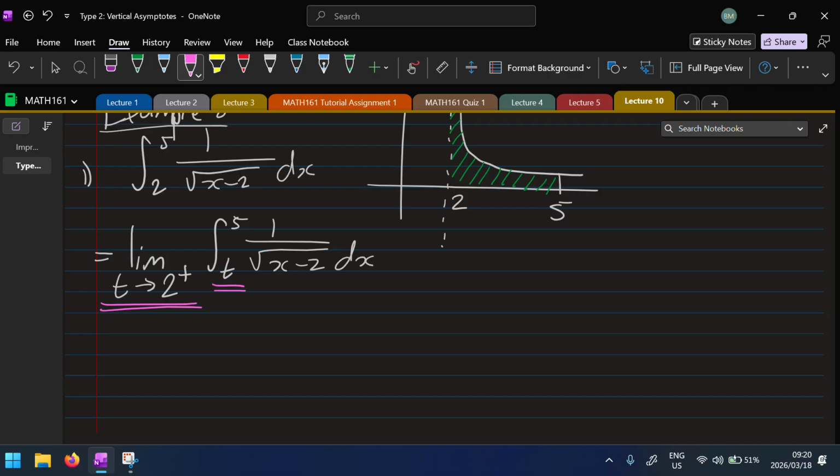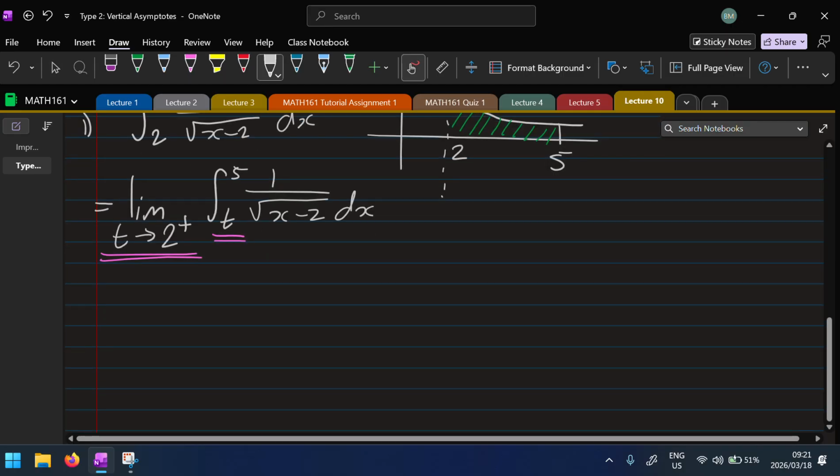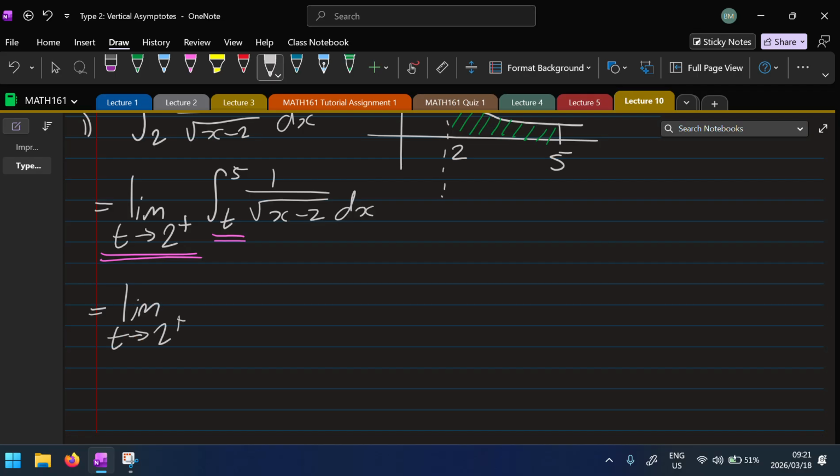Okay, so next we ignore the limit, we do the integral as normal, and then take the limit at the end. And you'll see this 2 plus is very important for the ending. So this will be the limit as t goes to 2 plus. Okay, we do this as normal. Integral t to 5. We can write this as x minus 2 to the minus a half.